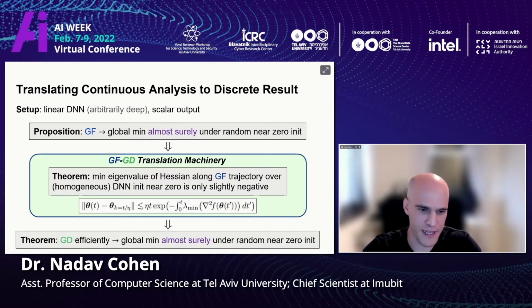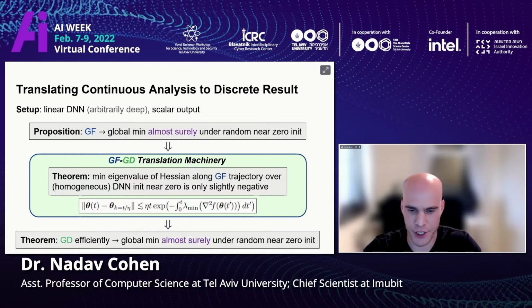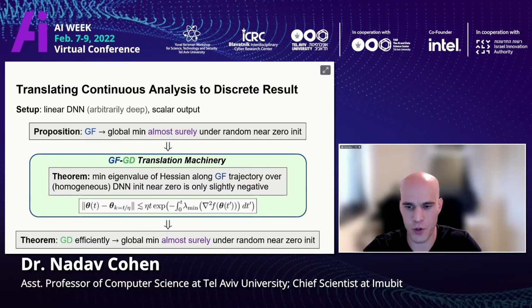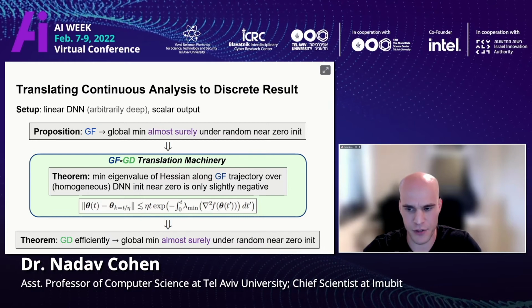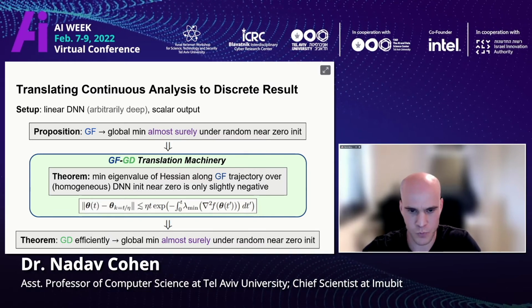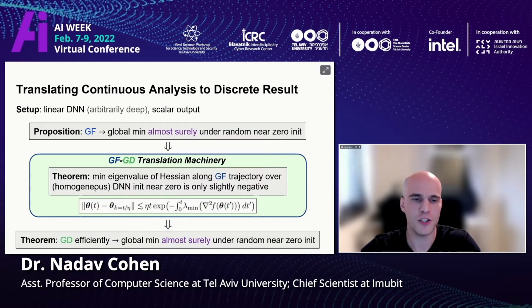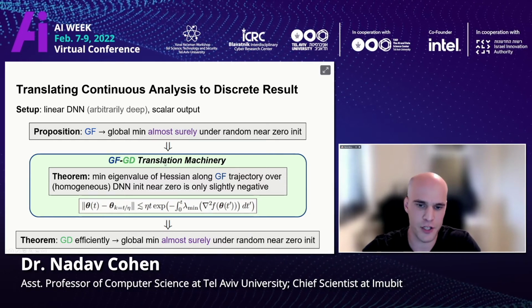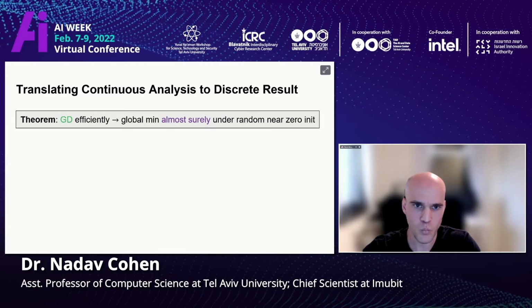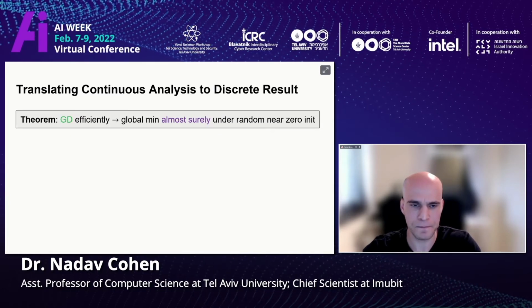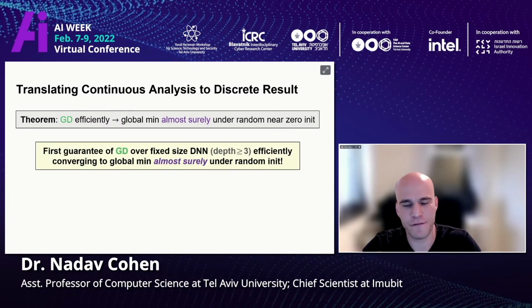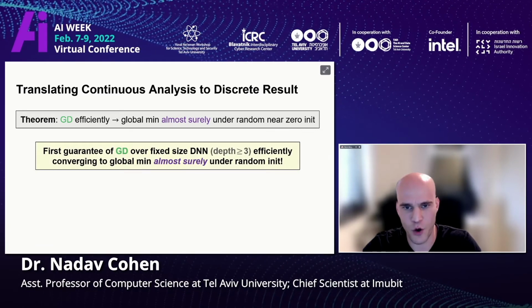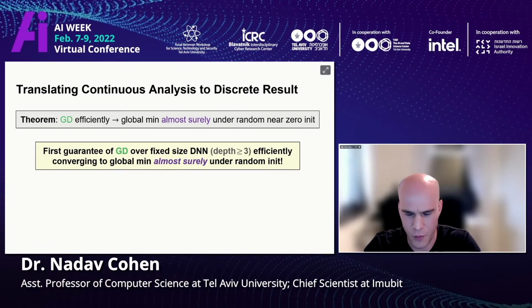And the result is that gradient descent efficiently converges to global minimum almost surely under a random near 0 initialization. Okay, you get this for free just by analyzing gradient flow and feeding it to the generic translation machinery. Just a note about this result, to my knowledge, this is the first guarantee of gradient descent over a fixed size deep neural network.